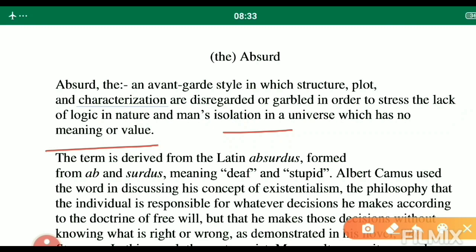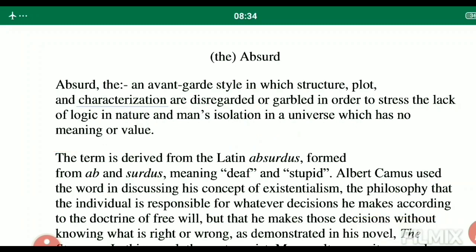So this is a new modern experimental style in which the three things, structure, plot, and characterization of a particular play, are represented as if there is nothing in man's life, and it represents man's isolation in this whole universe.